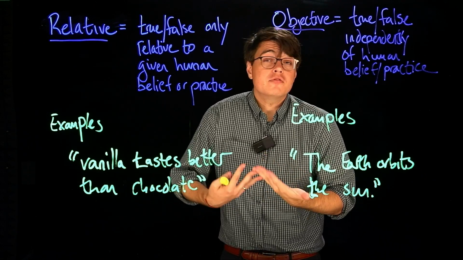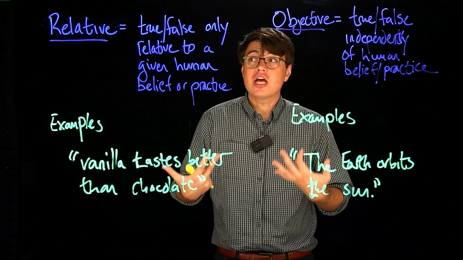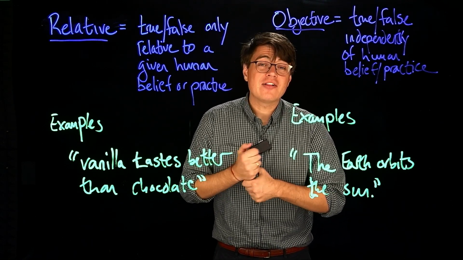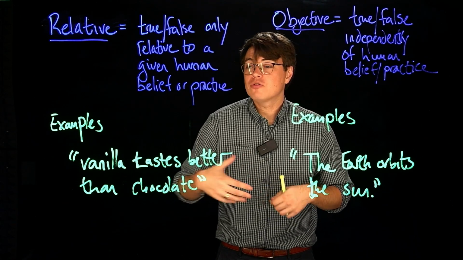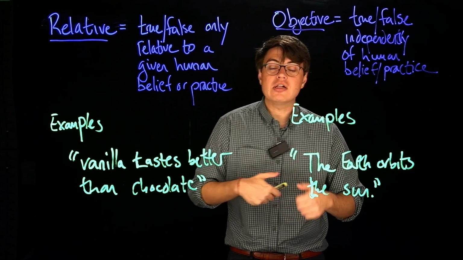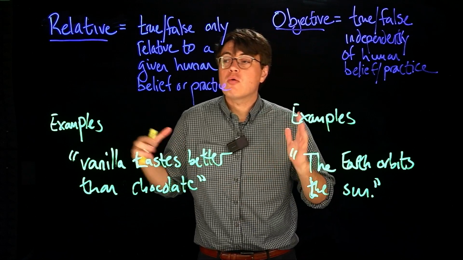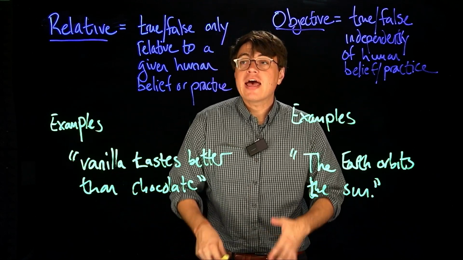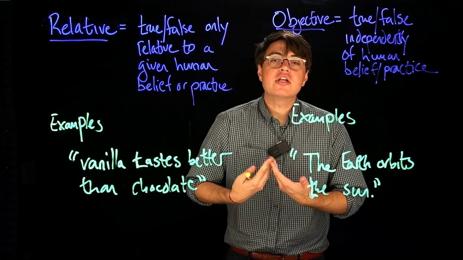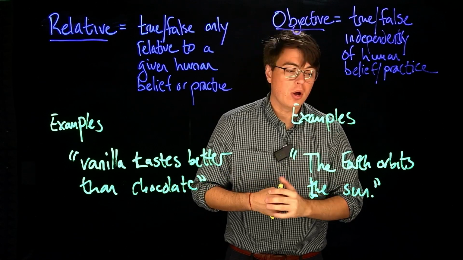There's the possibility of genuine error there. By contrast, there's no possibility of genuine error with respect to whether vanilla tastes better than chocolate. It's not like one day the scientists are going to announce that, in fact, we've discovered that the proposition chocolate tastes better than vanilla was the objectively true one all along. All of the vanilla lovers weep, they were wrong and need to be converted. That's never going to happen. Why? Because the nature of the subject here is an intrinsically relative one as opposed to an intrinsically objective one.